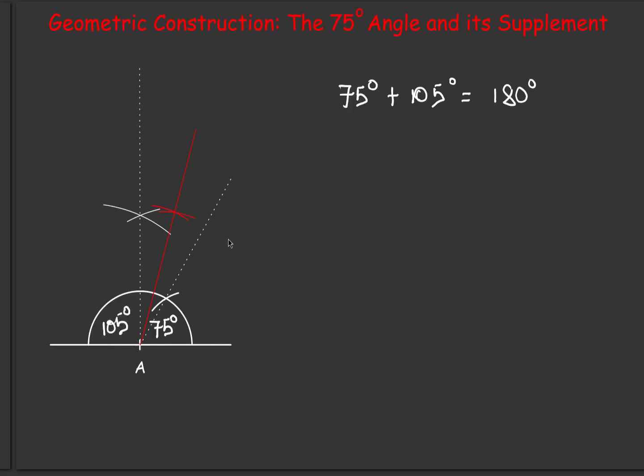So even though we have actually constructed 75, measuring from the anti-clockwise direction, indirectly from the clockwise direction, we have also constructed 105 degrees. Very simple. So we have killed what? Two birds with one stone. So basically, this is how we construct the angle 75 degrees and its supplement, that is 105 degrees.